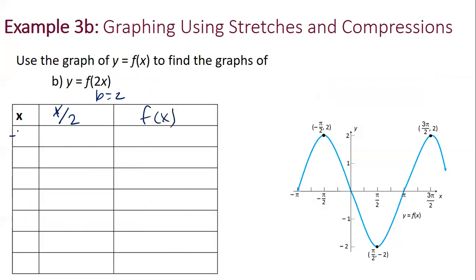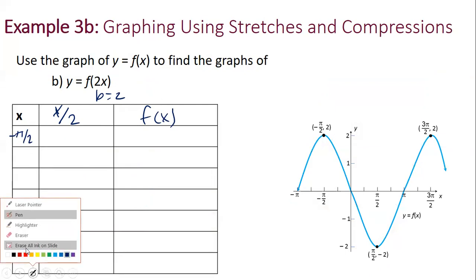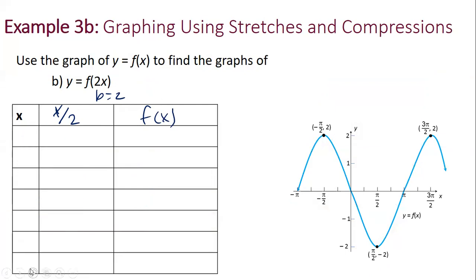So our original points are negative pi, 0. Negative pi over 2, 2. 0, 0. Pi over 2, negative 2. Pi, 0. 3 pi over 2 and 2.